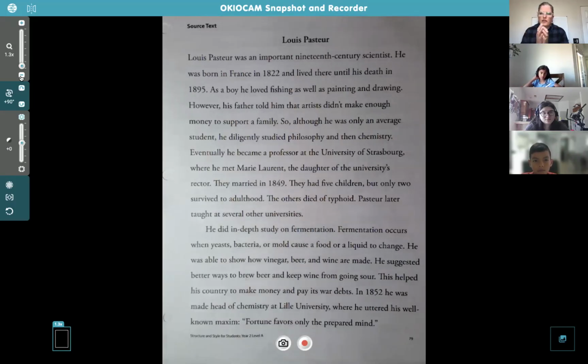A bacteria comes in, and if you eat that bacteria, it makes you sick. So you always want to keep your meat in the fridge until you're ready to cook it. Red meat's a little different, but especially chicken and pork.